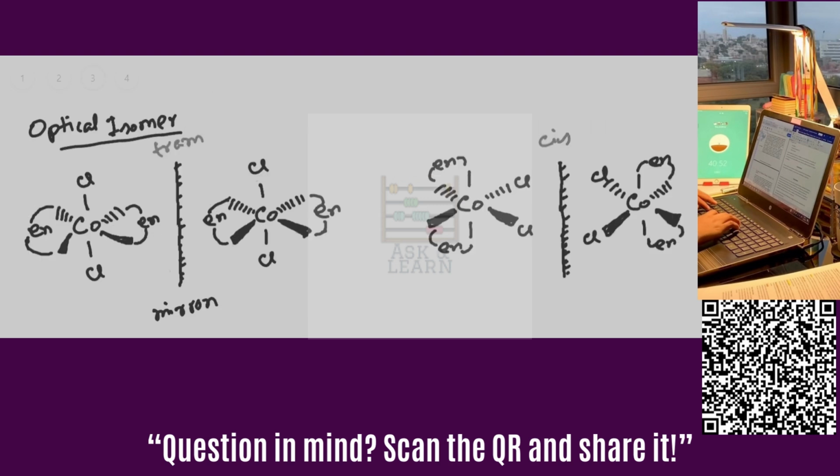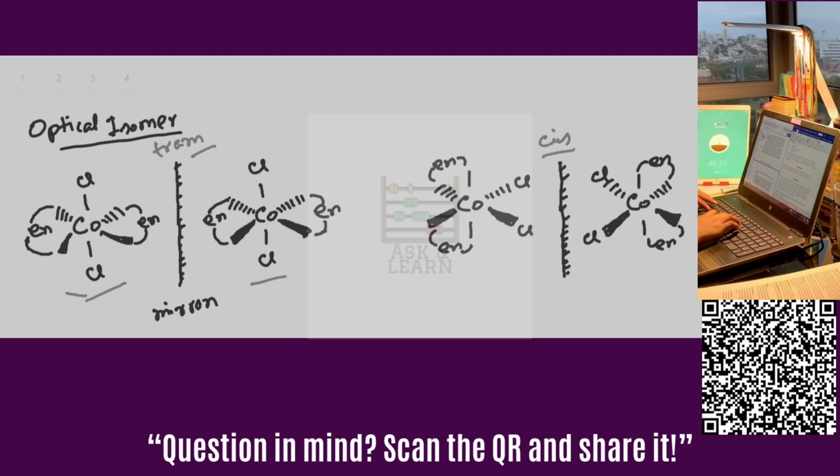Now, in the case of optical isomers, what is called an optical isomer? Optical isomers are those isomers which are non-superimposable on their mirror image. For example, here we can see the cis and trans forms of the same compound, and you can see that in the case of the trans isomer, the formula is superimposable on its mirror image.